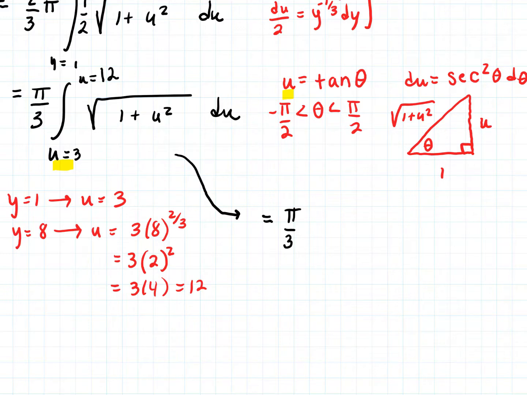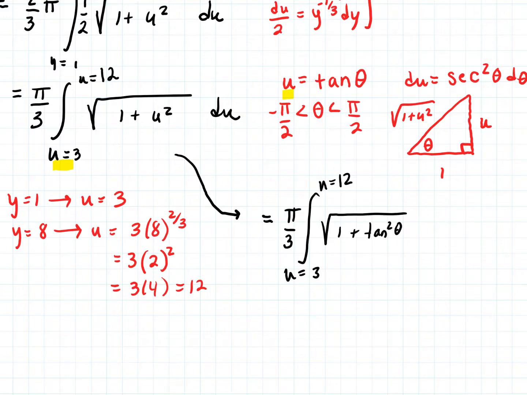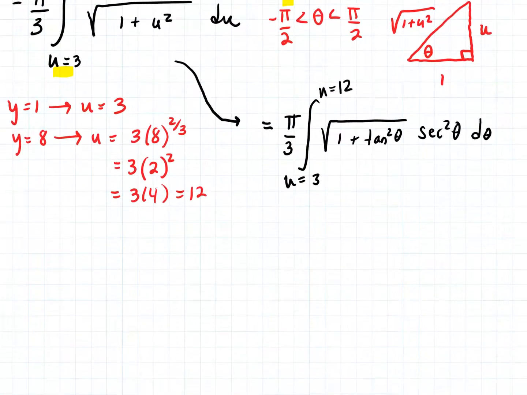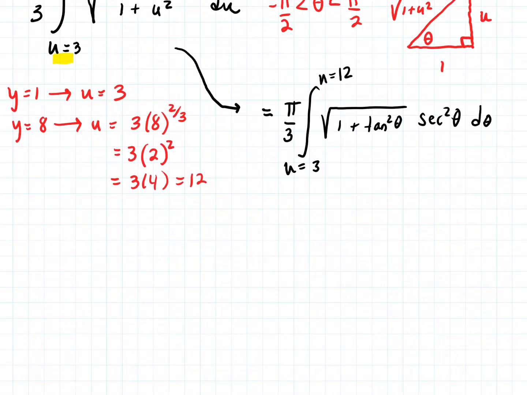So finishing this out, this is the integral from u equals 3 to u equals 12. And actually making that trig substitution, now I have the square root of 1 plus the tangent squared of theta, secant squared of theta, d theta. And continuing down here, this is going to be equal to pi over 3 from u equals 3 to u equals 12.